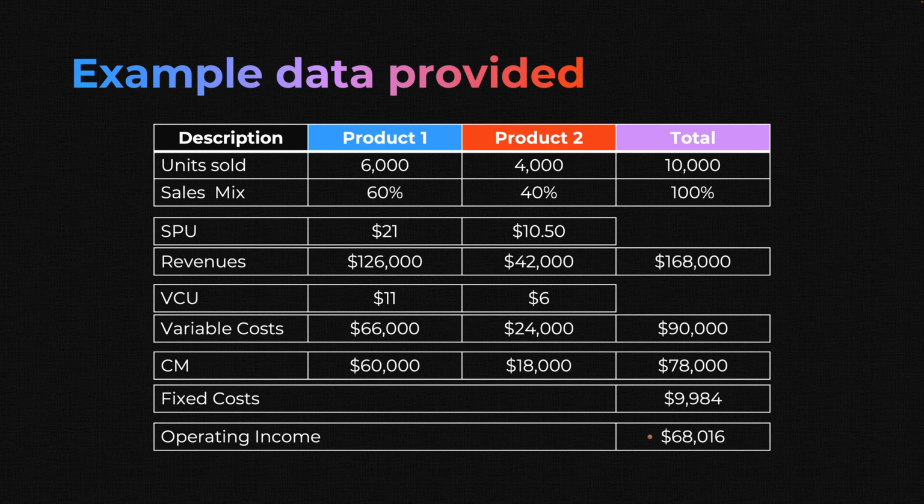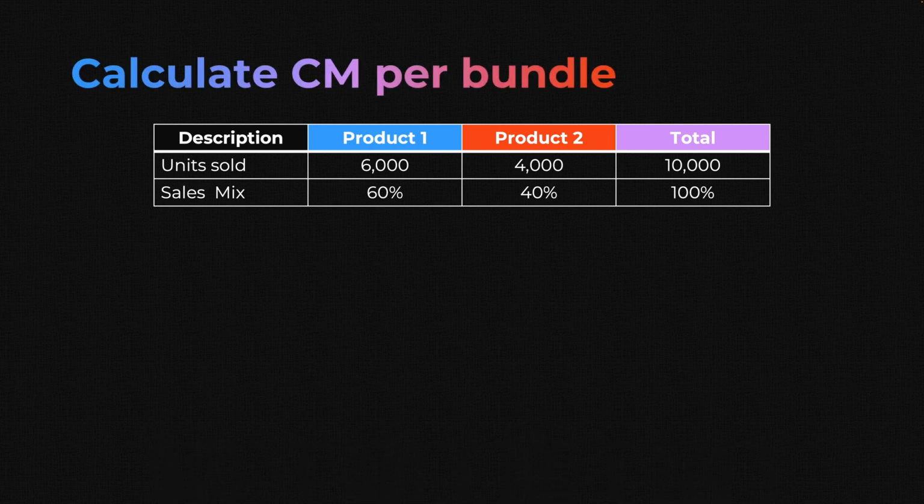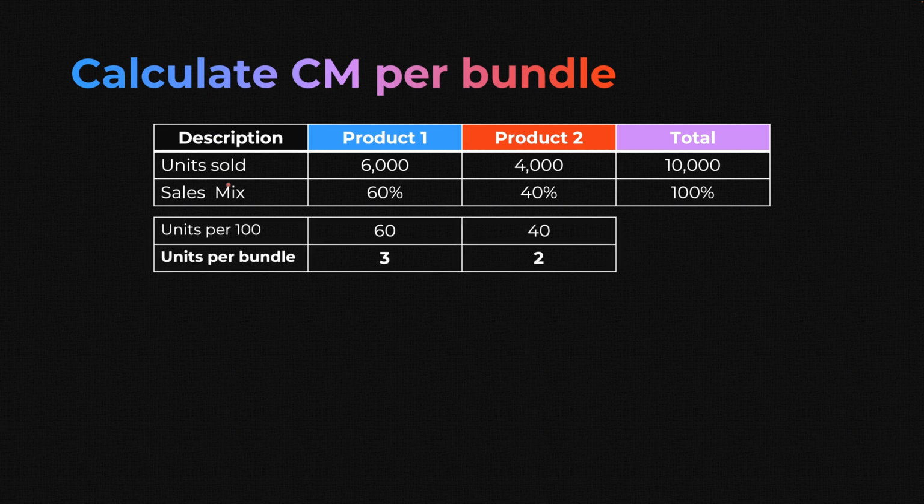Now, if you're back, a great place to start would be to calculate the contribution margin per bundle. And a way to think about this is as follows. We could say that if they were to sell 100 units at a 60% to 40% split, for every 100 units sold, they would sell 60 units of product 1 and 40 units of product 2.